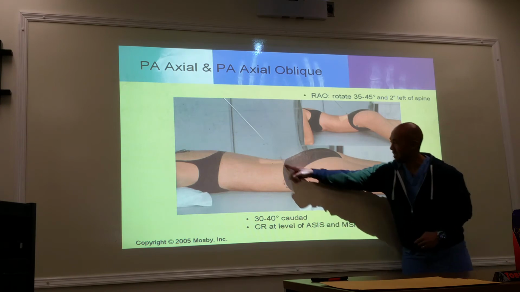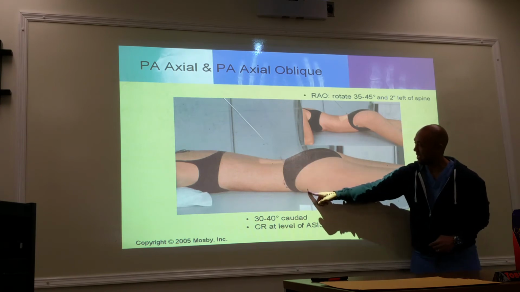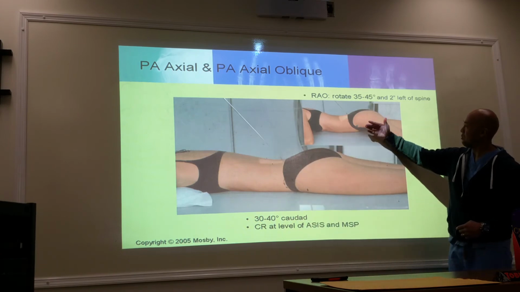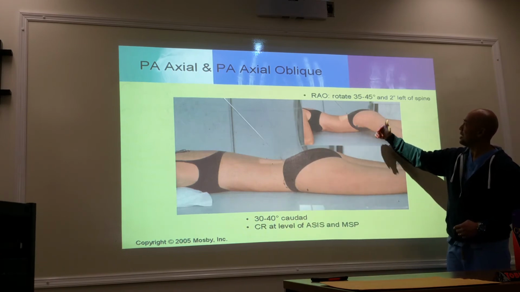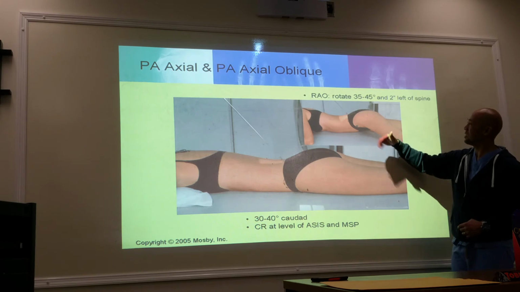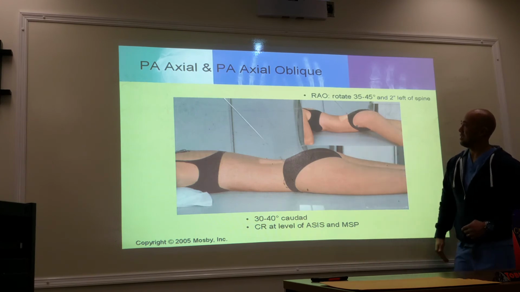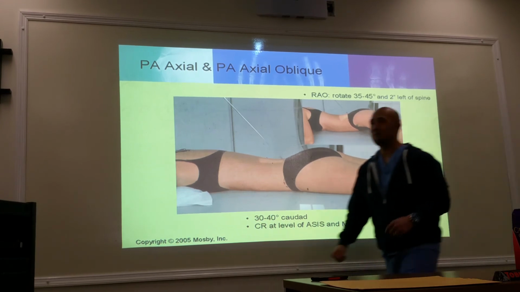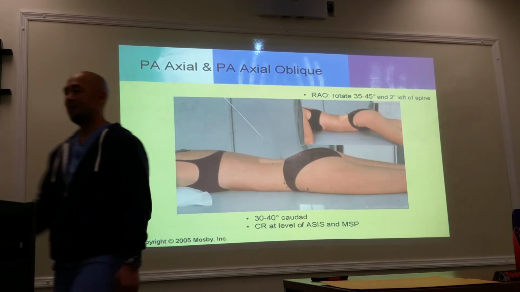That's your mark, exit. So we're exiting the ASIS. Then on the rotation for RAO, it's going to be 2 inches to the left of the spine, on the upside. So it's going to be left side up.